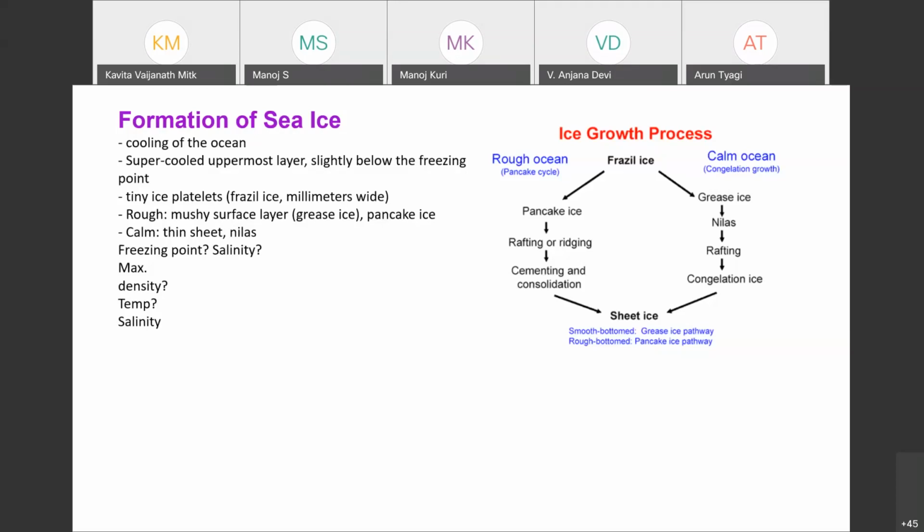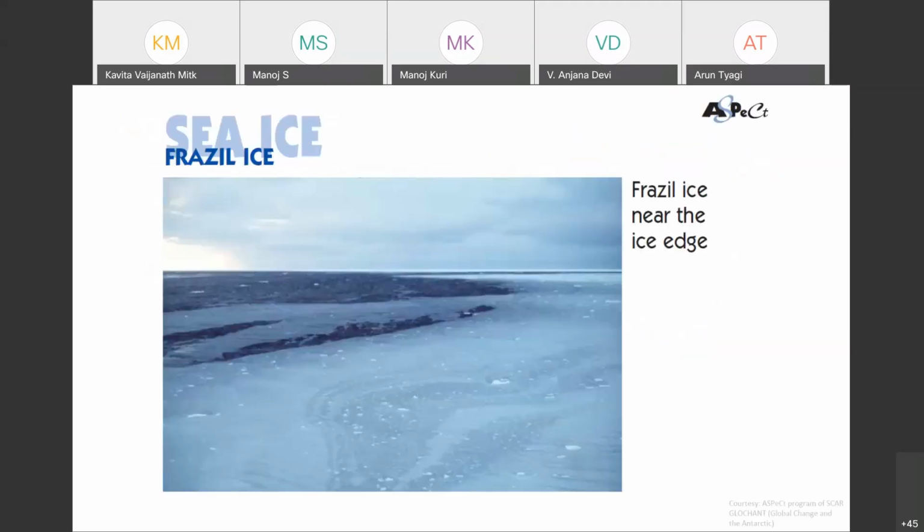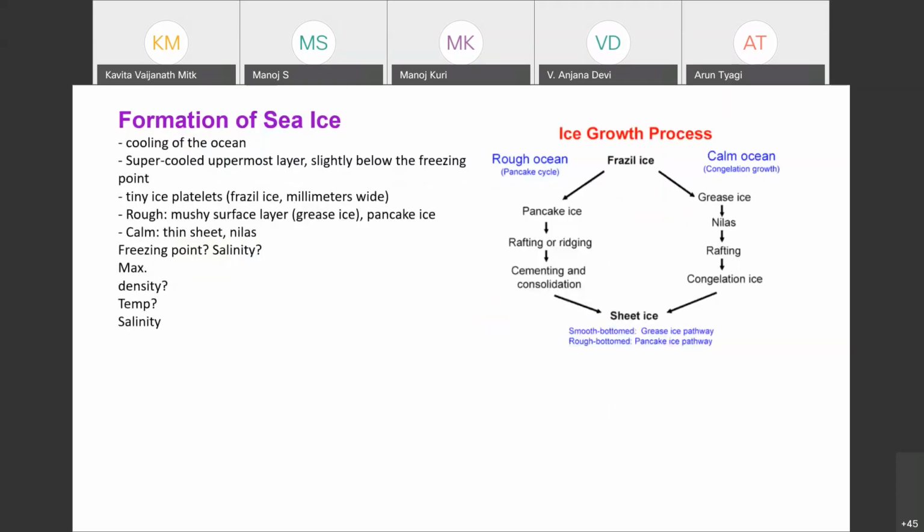For example, I'll show you some images. There are different ice types, and those have importance because the growth process of sea ice depends on those formations.